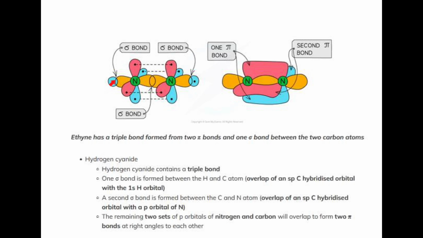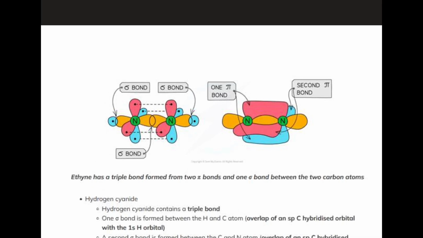Okay, the labels are already there. So 1 sigma bond is here, another sigma bond is here. Okay, so these are the hydrogens. Hydrogen is here. The other hydrogen is here.